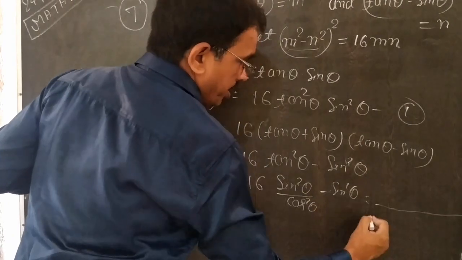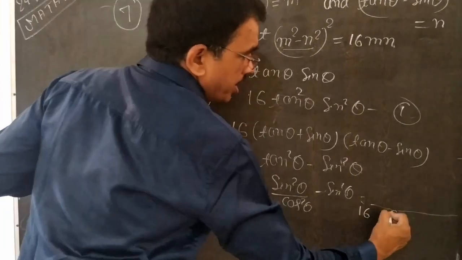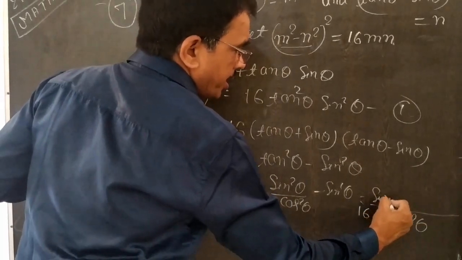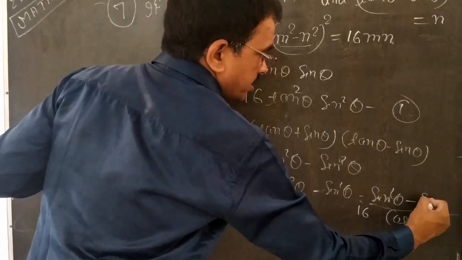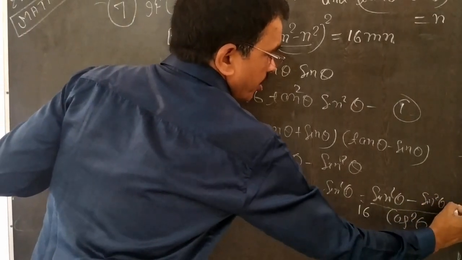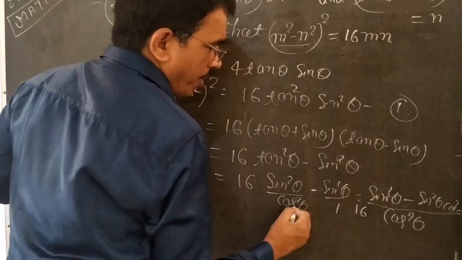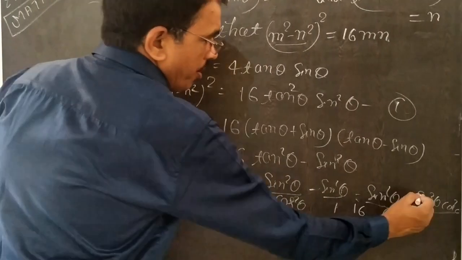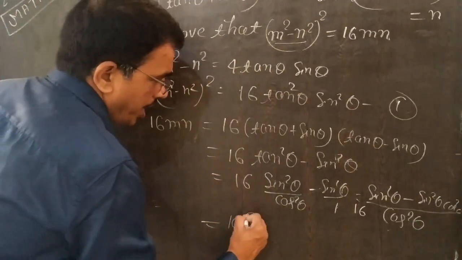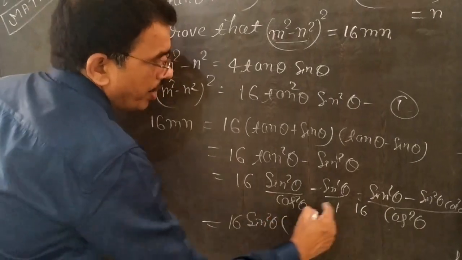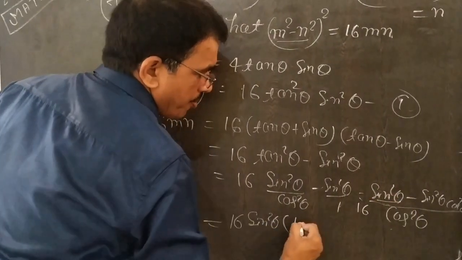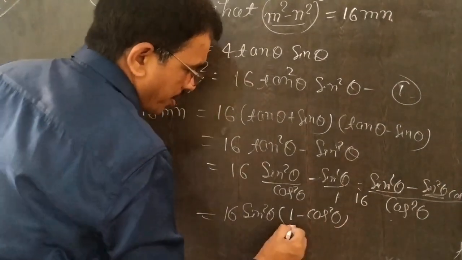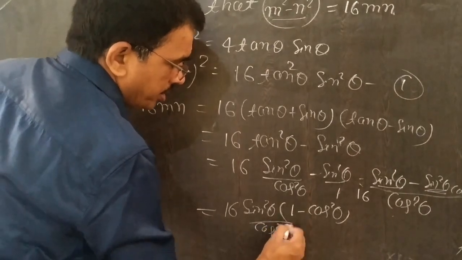You take 16 common, take LCM, that is cos square theta, and here is sin square theta minus sin square theta into cos square theta, because here is 1 divided by cos square. Now we take common 16, and sin square is common. What remains? Here is 1 minus cos square, because sin square is common, then (1 minus cos square) by cos square theta.